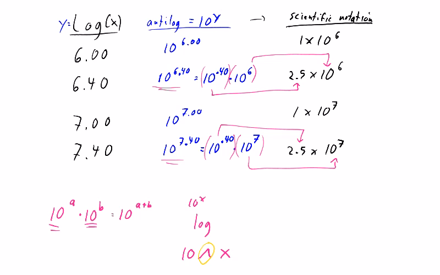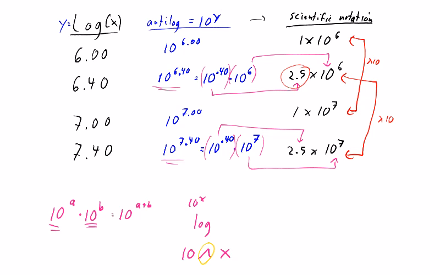Other things to note here, so note that's a little bit bigger than when we just had 10 to the 7th. Other things to note, when I went from a log of 6 to a log of 7, the number that we were looking at went up by exactly a factor of 10. Well, when I went from 6.4 to 7.4 for my logarithm value, it also went up by exactly a factor of 10.